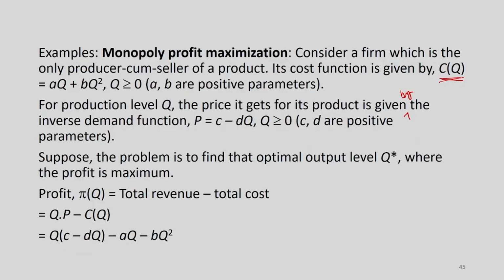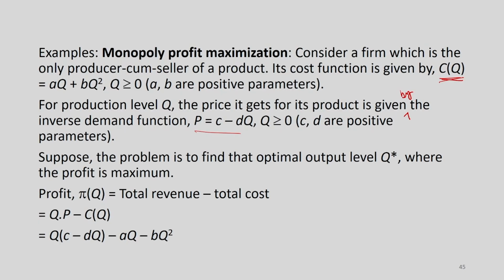On the other hand, cost is not the only thing that the firm should be concerned about. It should also be concerned about the price that it is getting by selling its product, and the price that it gets is given by this inverse demand function. This is called the inverse demand function, where P is a function of Q, right. In the demand function, Q is a function of P, but in the inverse demand function you take the inverse of that.